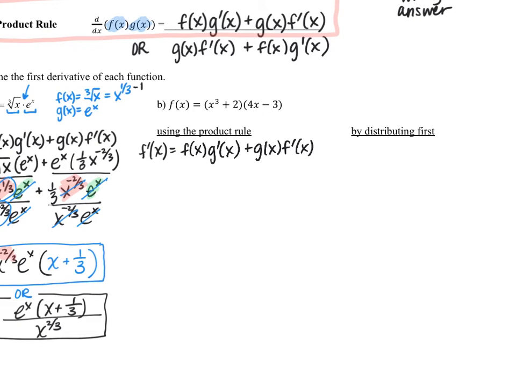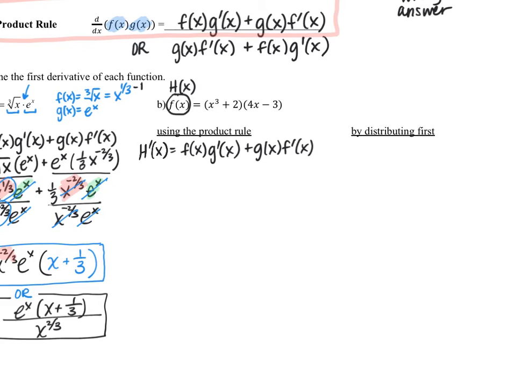So if you really don't like that this original function here was called little f of x and you want to change that, maybe to capital H or something like that, that would be totally fine. And maybe that would be less confusing to you when we write down the actual product rule. But that's up to you. So if you want to write this as capital H of x instead, that would be fine.